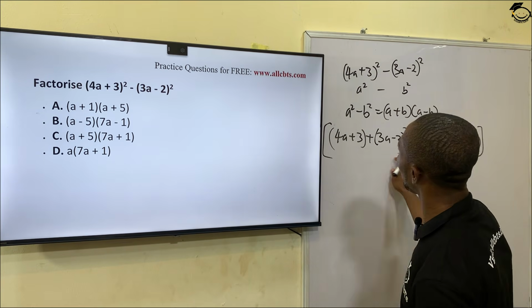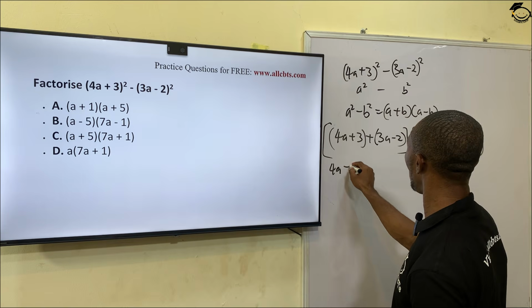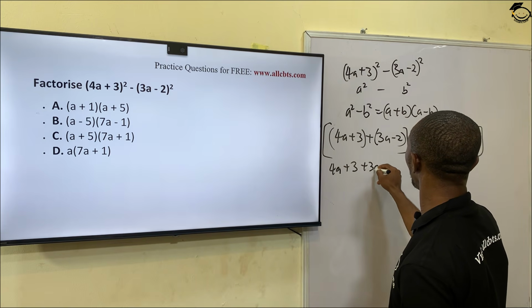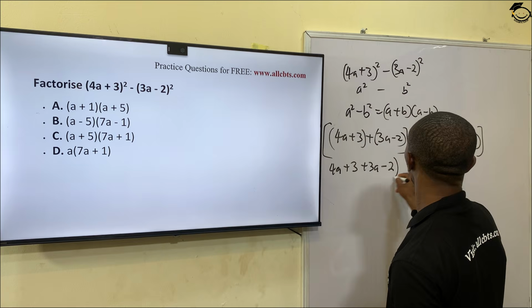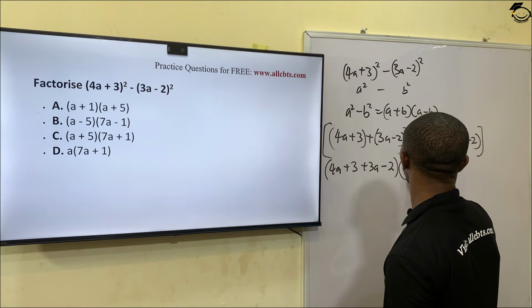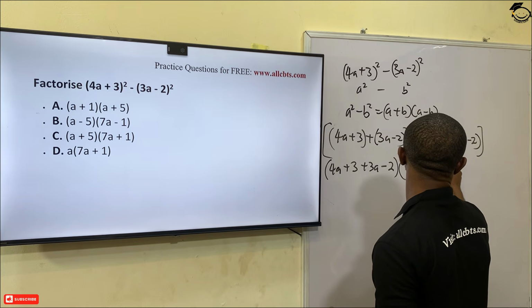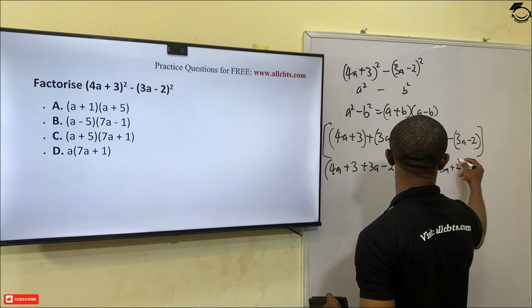Now expanding this, we have 4a plus 3 plus 3a minus 2, and expanding this, we have 4a plus 3 minus 3a plus 2.